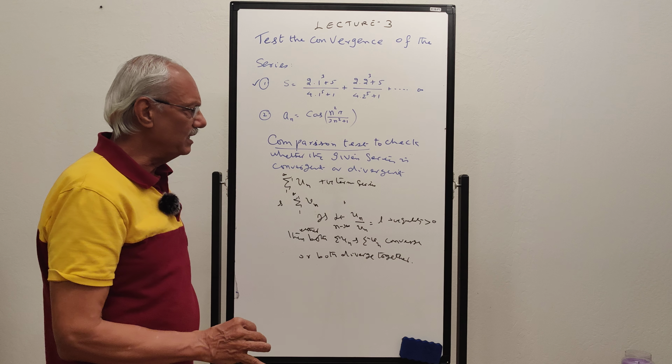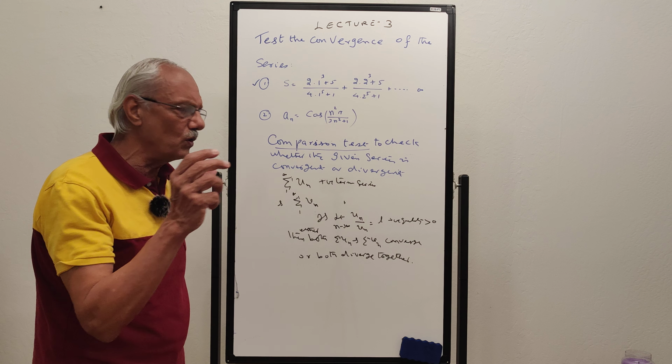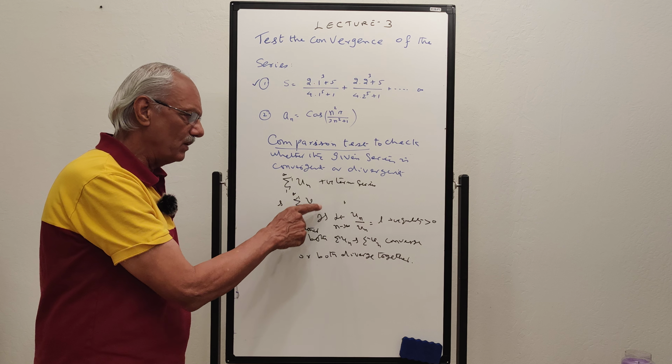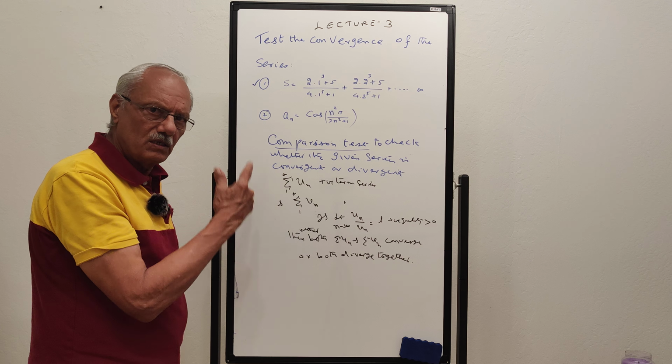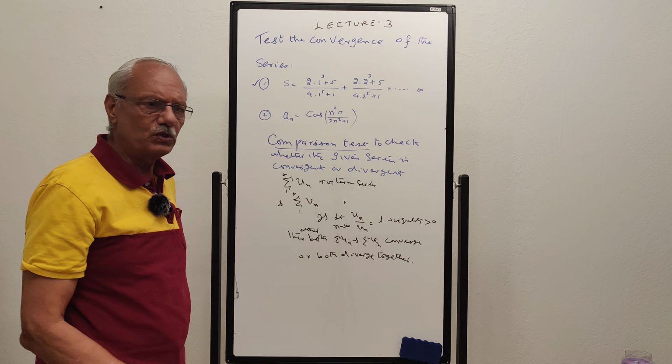So the comparison test says that you are given a series sigma un, in which every term is a positive term. Likewise, you take another series which also contains positive terms.